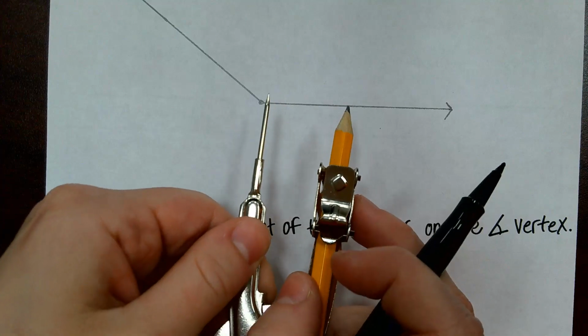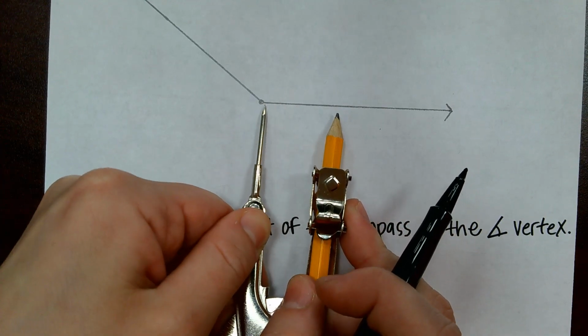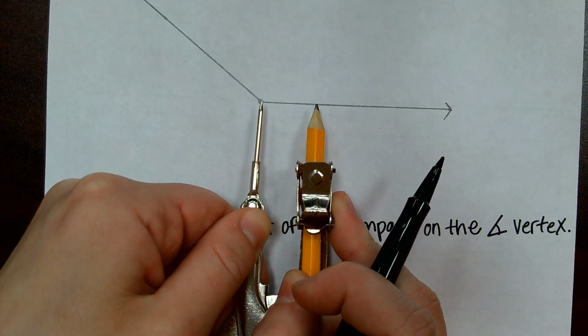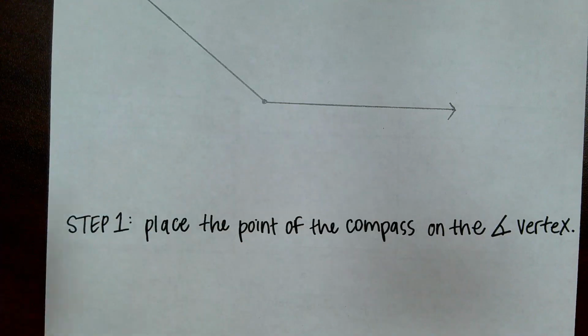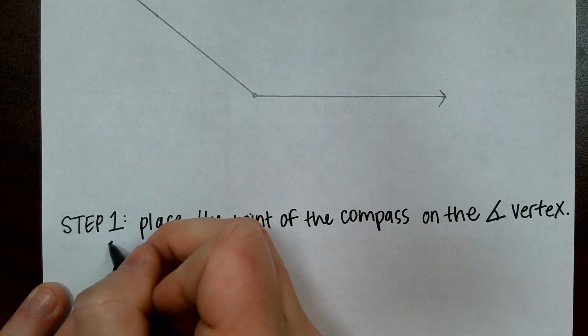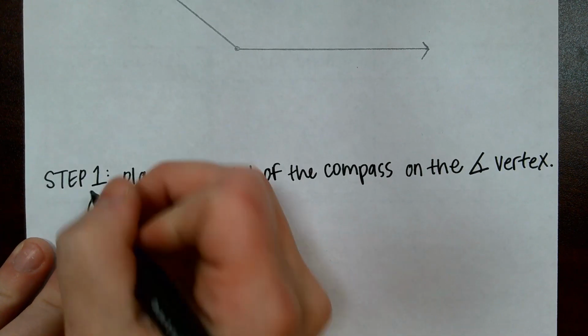So whenever I say not too big, you want it to be less than half of the length of those rays. So we can put that in parentheses down here.